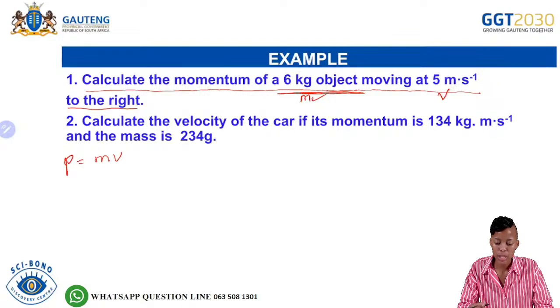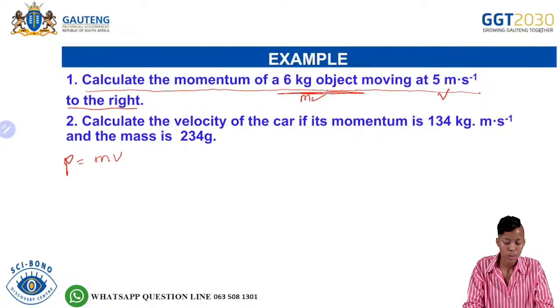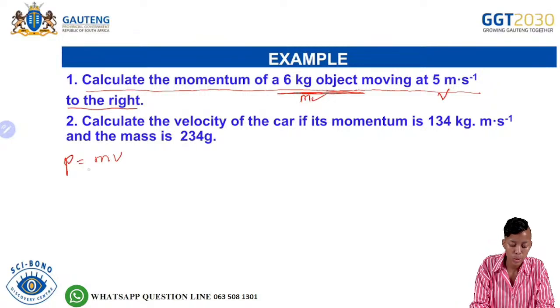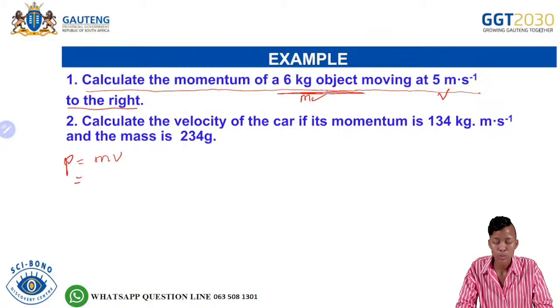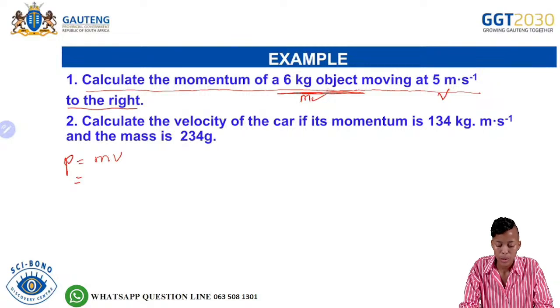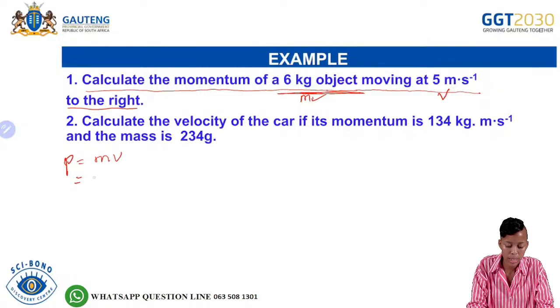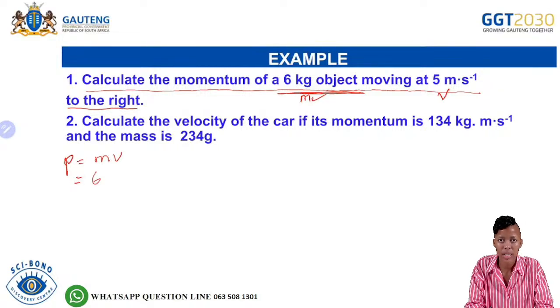And then you need to learn now how to substitute, right? So when we substitute, we are not going to be substituting the units in between, but rather let us substitute the units at the end, for the final answer there. So what is the mass of the object? The mass of the object is given as 6 kilograms.